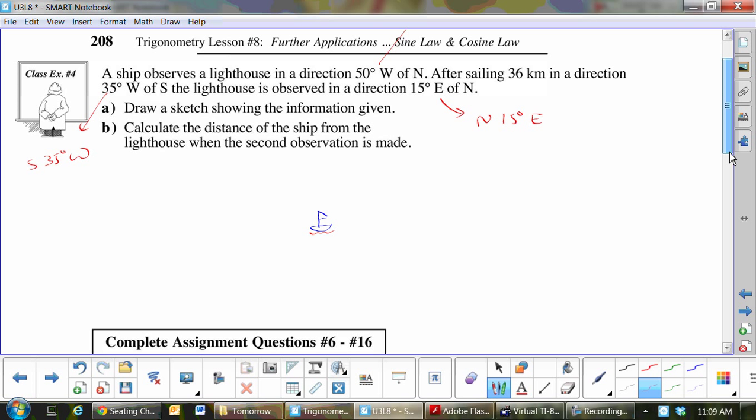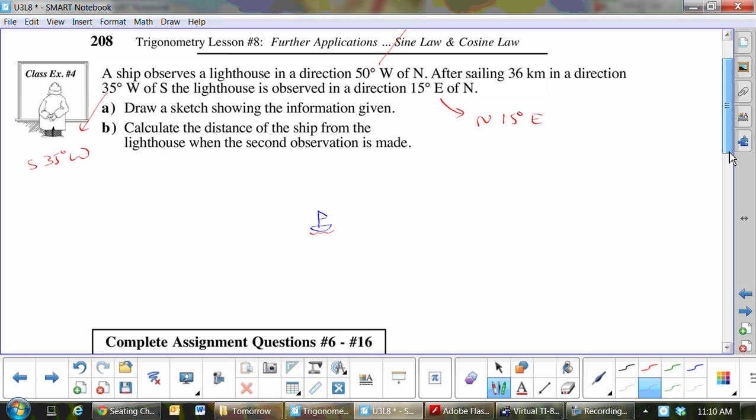Everyone with me so far? Water. No, not today. But if you want, you can make it the story of Moses. Okay? Or Noah. Looks more like Noah's boat if I look at it now.